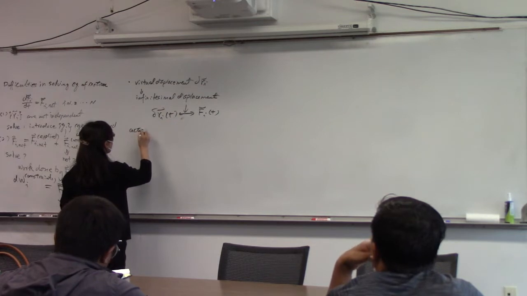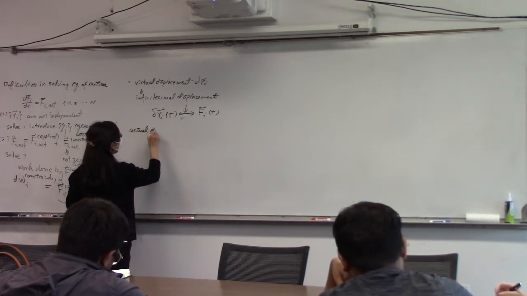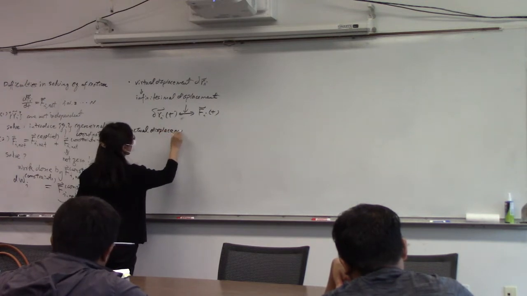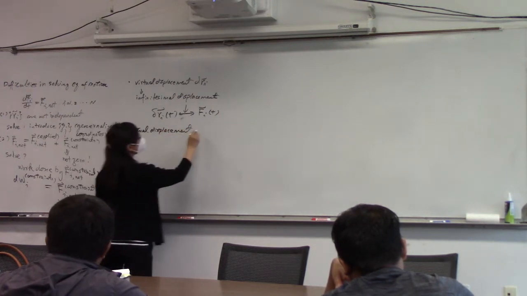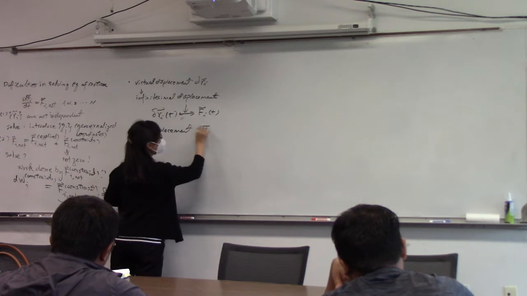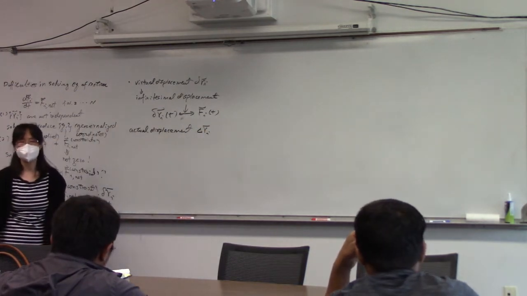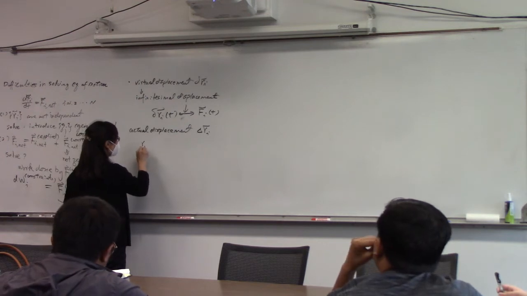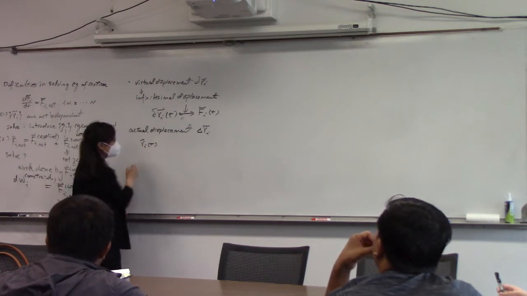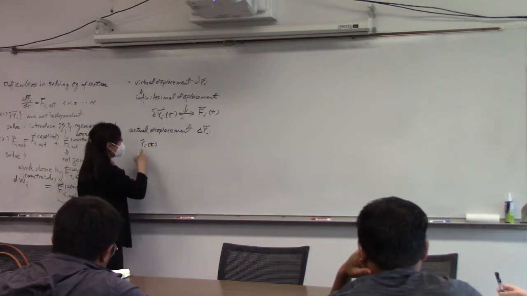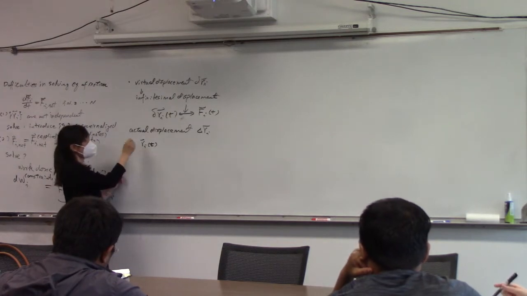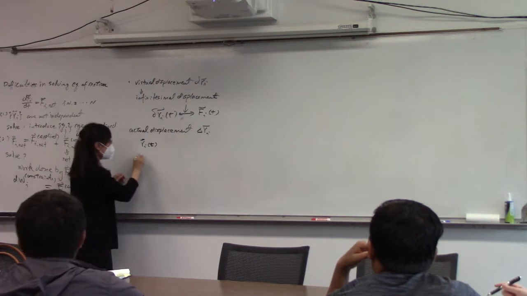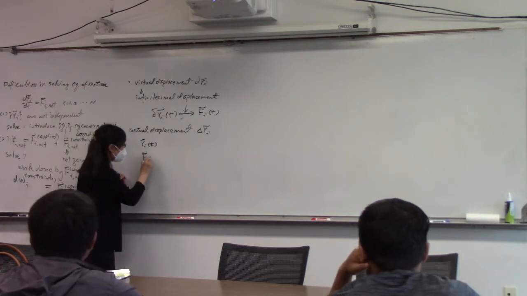To understand this, let's compare with the actual displacement. Let's distinguish the two. We use delta r_i. Suppose at time t we have the position of the i-th particle at r_i, and the force at this position is also at t.